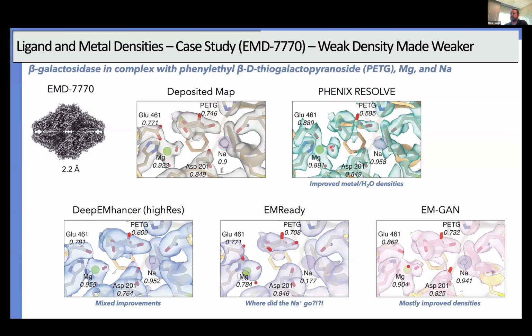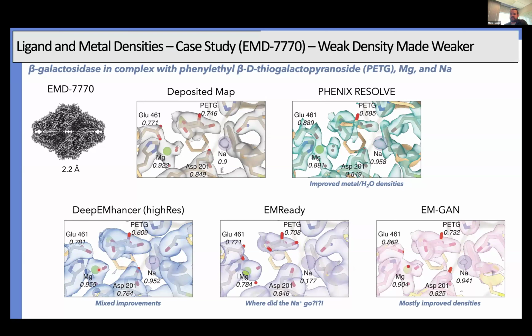Now, in Phoenix Resolve, surprisingly, the magnesium and the waters have much more spherical type density, which is going to allow for their individual coordinates to be better refined, better placed. The sodium does fairly well, but the PETG ligand does quite worse compared to the deposited map, which, without prior knowledge, you wouldn't really be able to tell is in fact a PETG ligand.